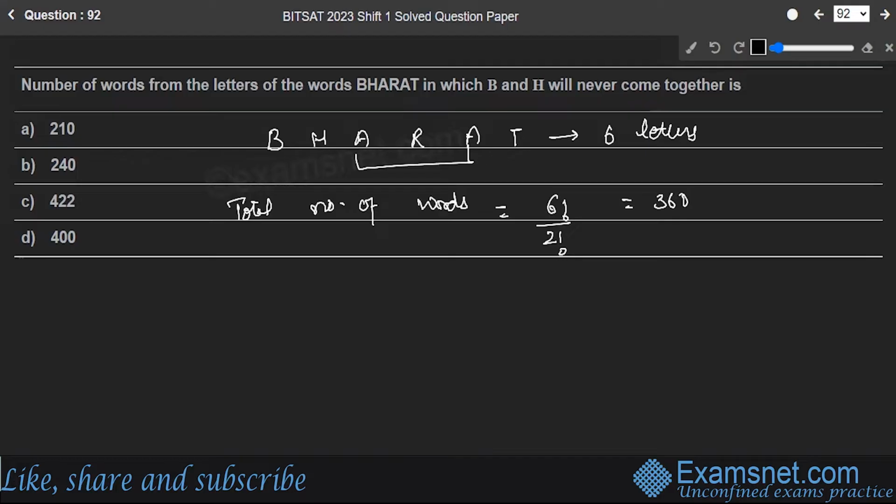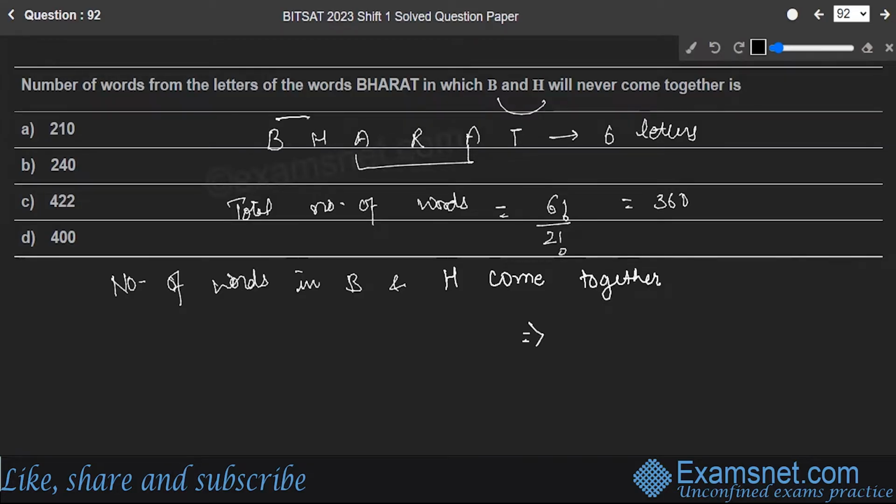Number of words in which B and H never come together will be found by first finding the number of words in which B and H come together. If I'm taking B and H as one unit, it will be 5 factorial multiplied by 2 factorial divided by 2 factorial.